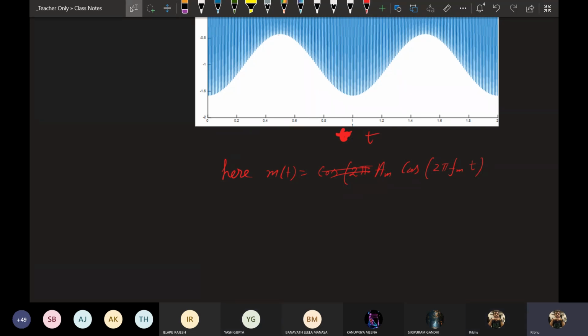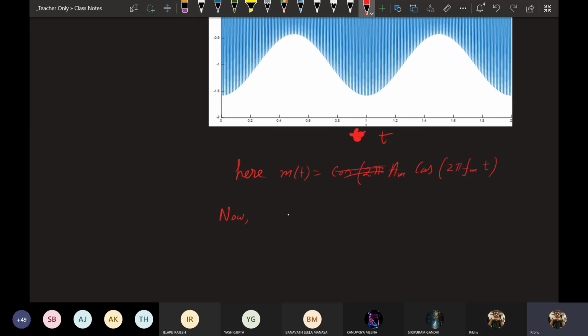Now, max of m(t) is called the modulation index.